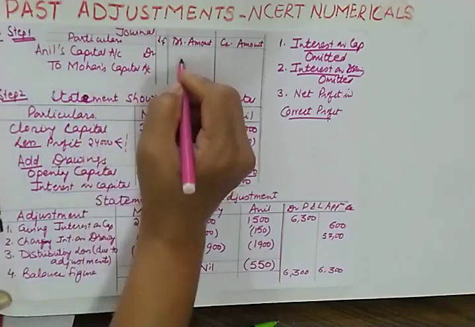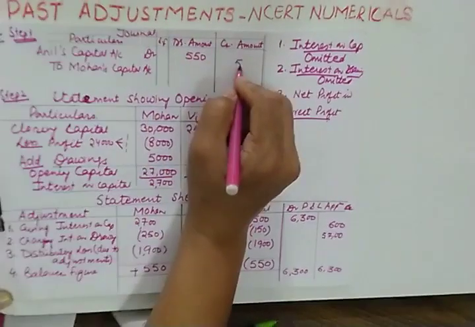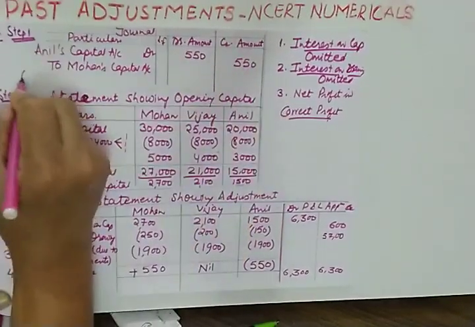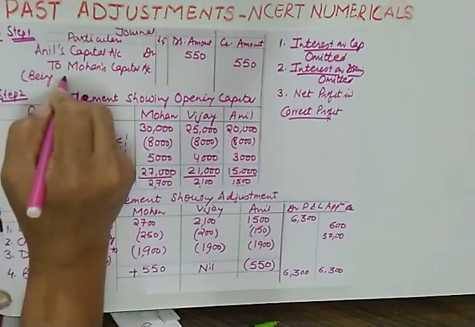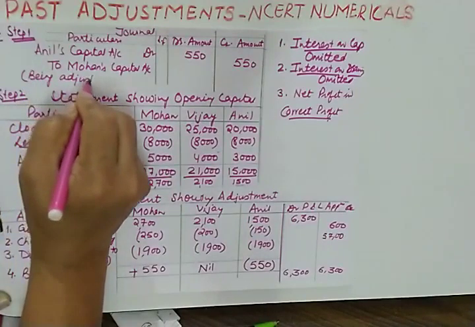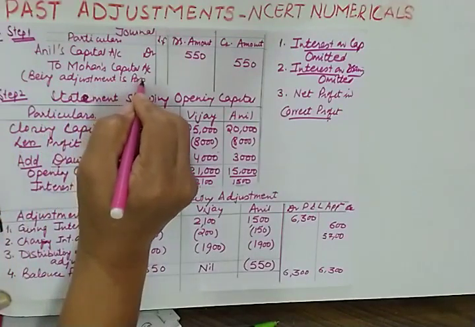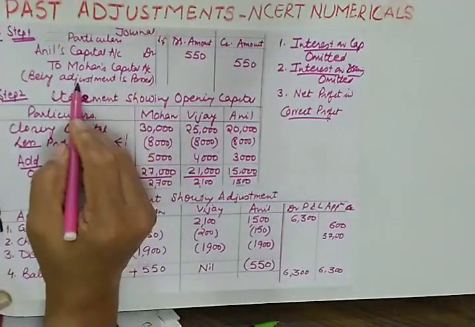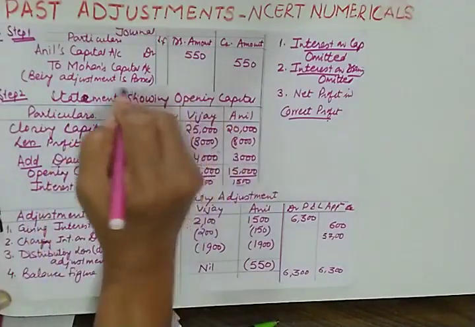How much? It will be 550. And next last step, you will write narration: being adjustment entry is passed due to the omission of interest on capital and interest on drawing.